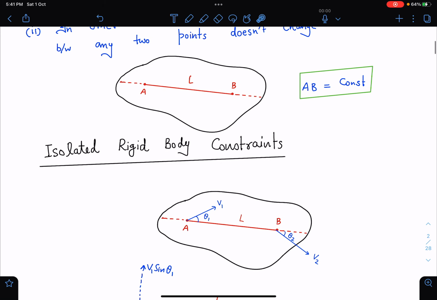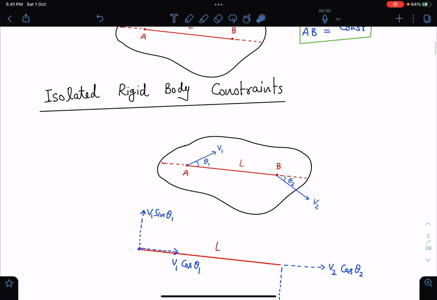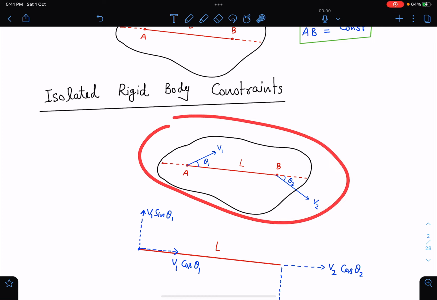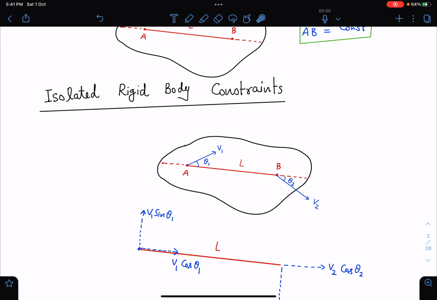One is isolated rigid body constraints. Suppose this situation is given, and for this rigid body we are taking any two random points which are separated by a distance of L, and we know that during the motion this distance L cannot change. The velocity of point A is given as v1 and the velocity of point B is given as v2.